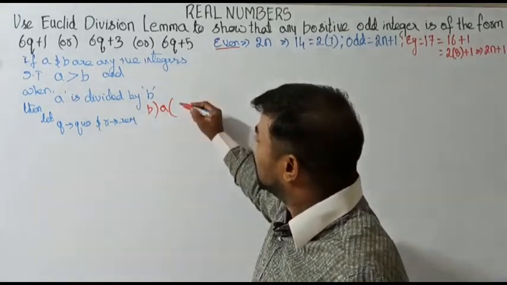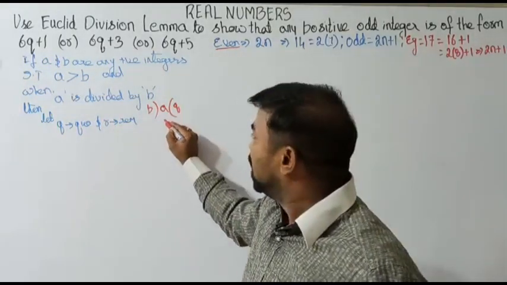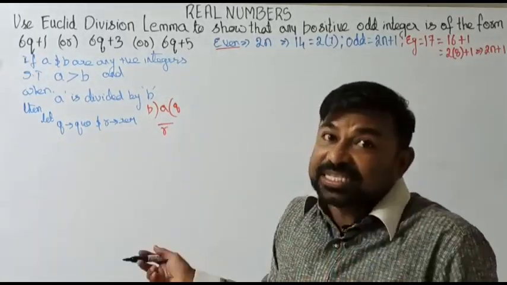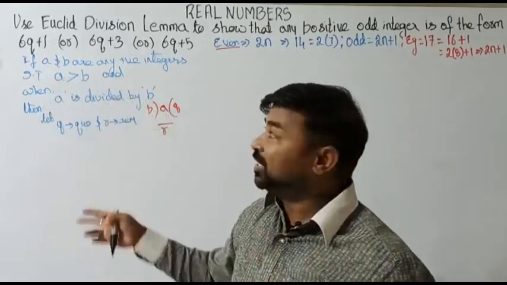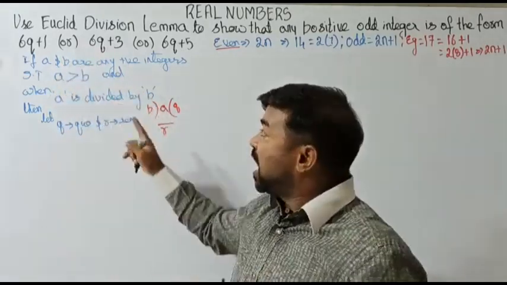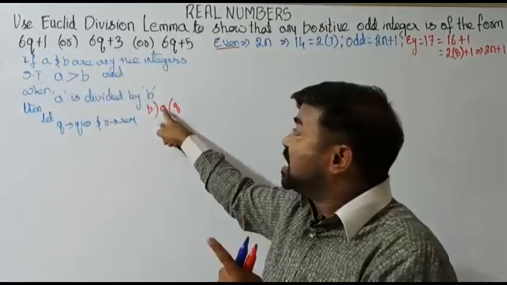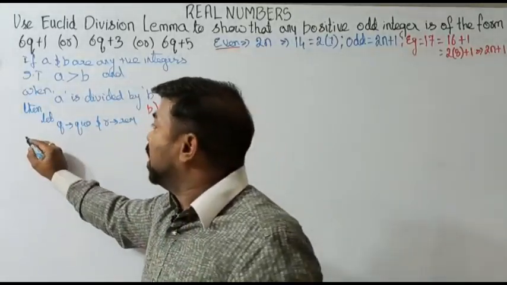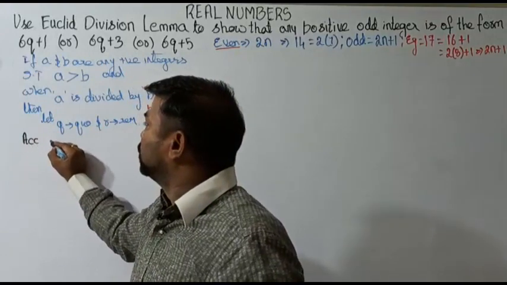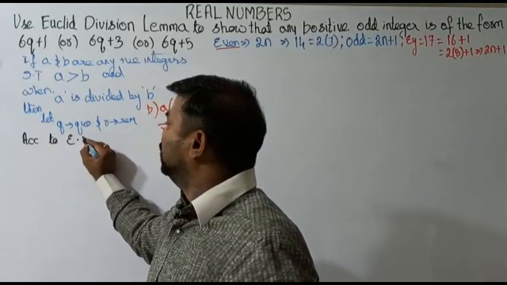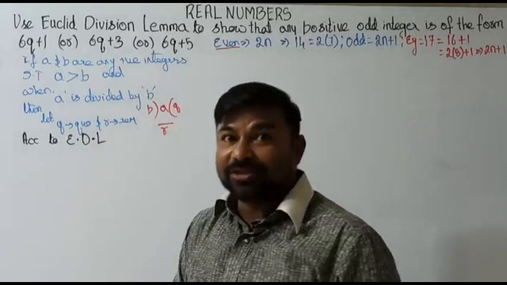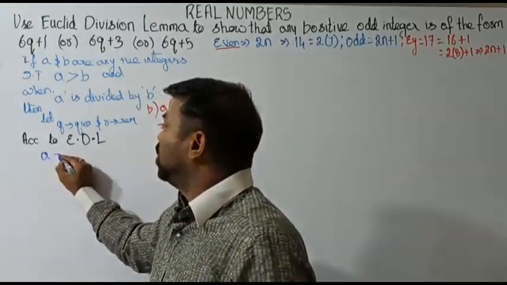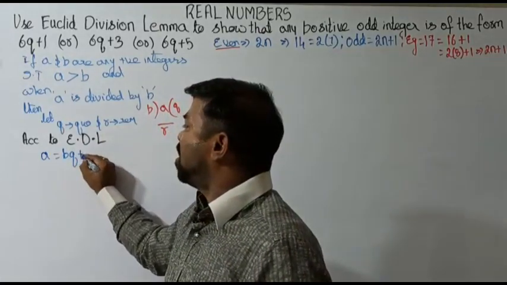So what is it saying? That q is the quotient and r is the remainder. If a and b are two positive integers, a is greater than b, and when a is divided by b, let q be the quotient and r be the remainder, then according to Euclid's division lemma, a is equal to bq plus r.